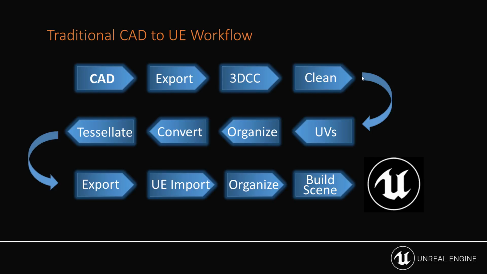There's a lot of steps there to work with CAD data to Unreal Engine. So there's a lot of considerations here, a lot of things at stake in translating that data properly from a CAD package into Unreal Engine.